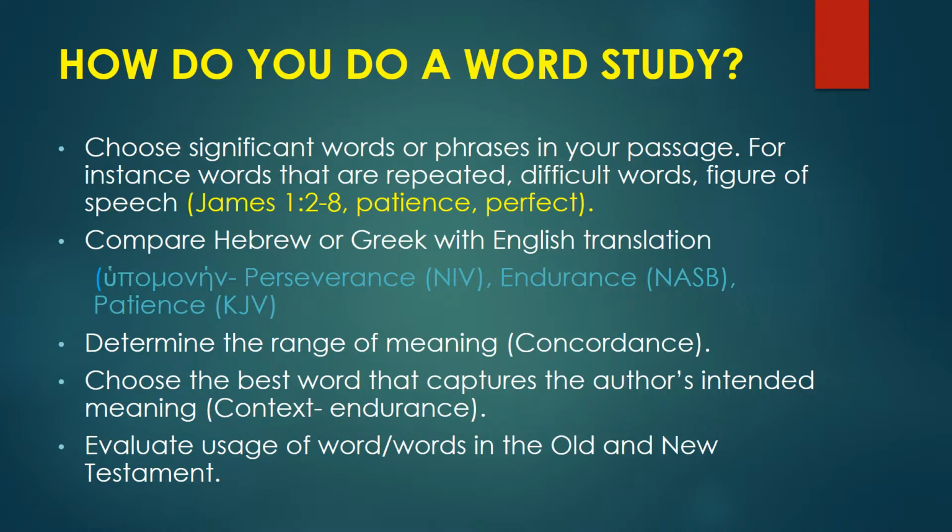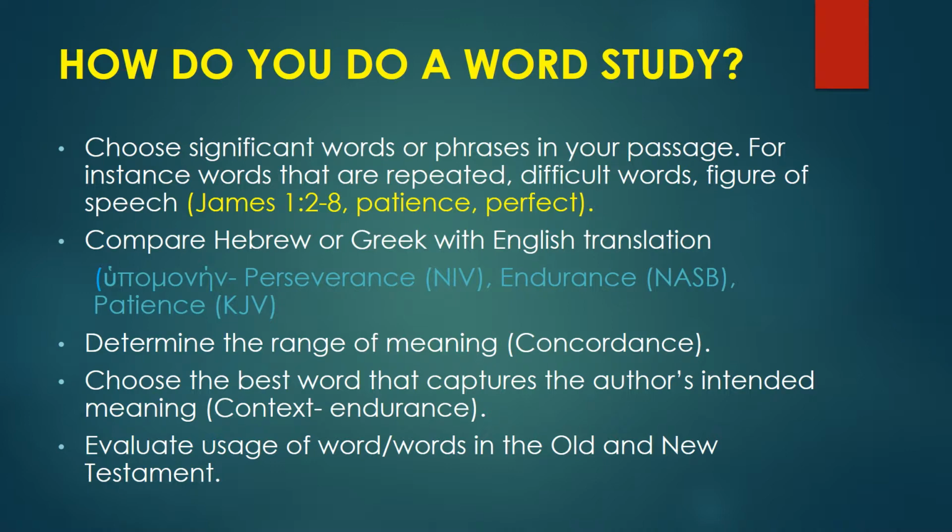Next, you compare the Hebrew or Greek with the English translation. The Greek word hupomone can carry a number of meanings. It can mean perseverance, endurance, or patience. We have to now determine which of these words best fit into the context.